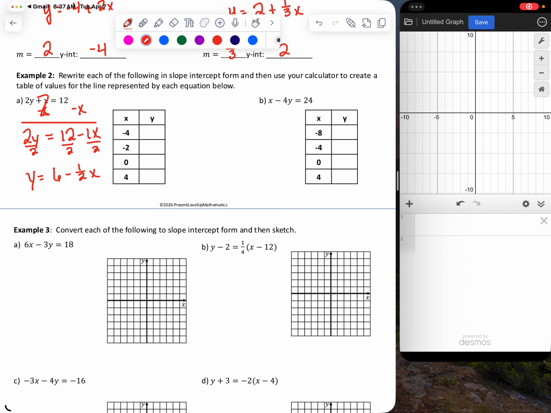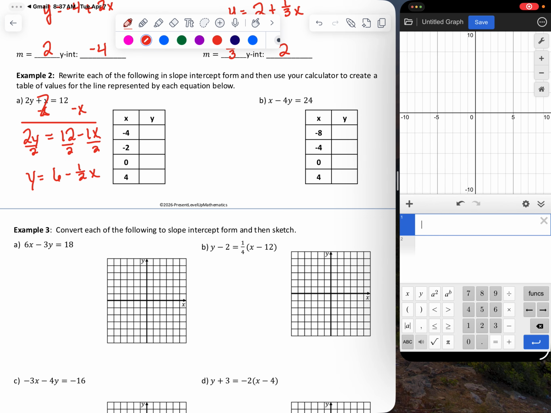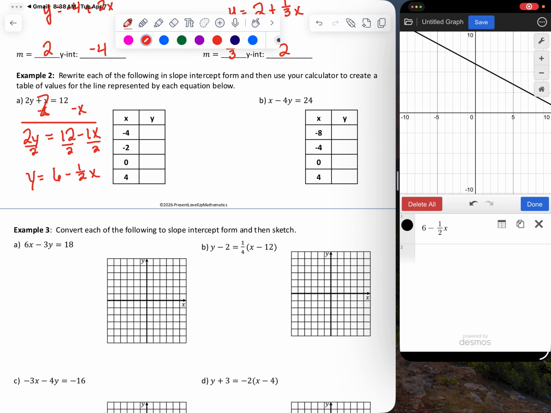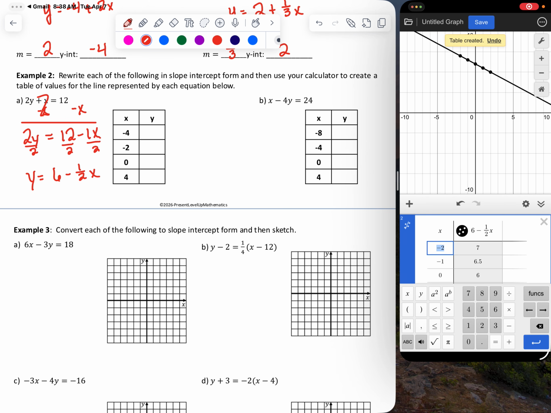So now I'm going to come to my calculator and I'm going to enter my equation. 6 minus 1 over 2 x. Now on Desmos, to make a table, I just hit the little wrench button and select table, and then I'll have to change the x values in my table to match what's on my paper.